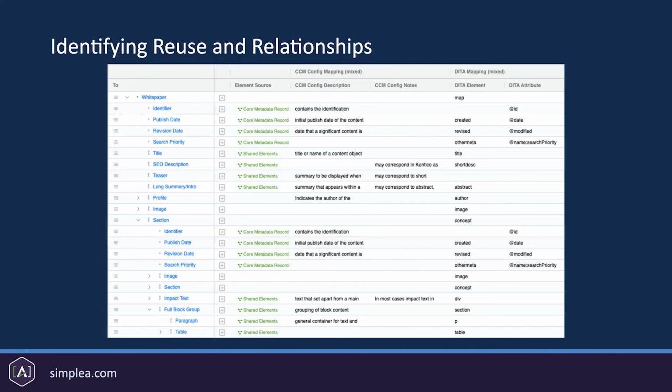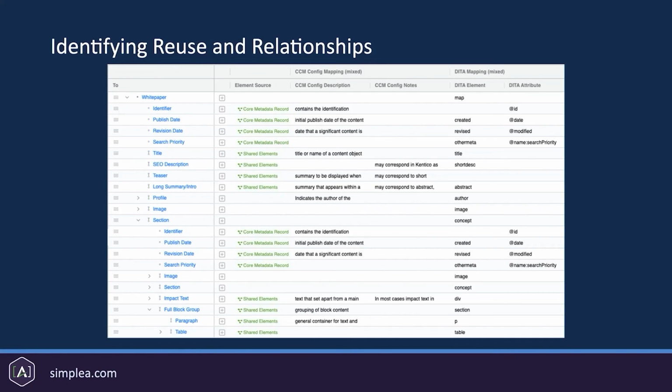This can be especially valuable for items like legal disclaimers or alerts. If you're able to reuse that content and identify everywhere it is being reused, through the content model, you can set up the authoring or delivery systems to draw from one source. Instead of having to find everywhere that particular text was being used and manually edit it, by starting with the content model, we can simply edit that content once and set it up so that the changes propagate to everywhere that content is being used.